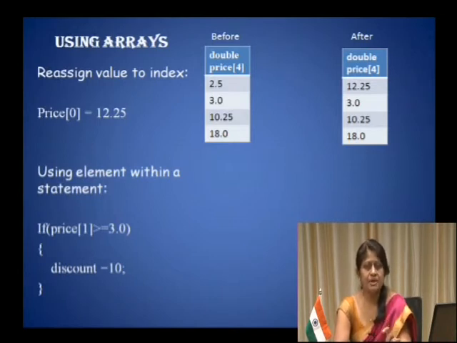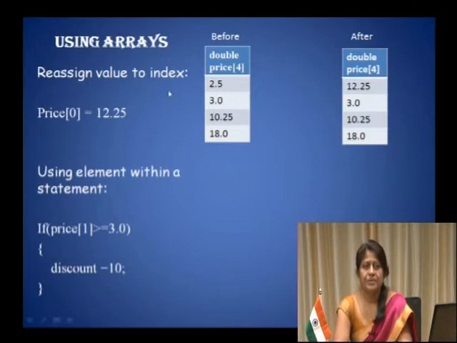Say for example, you have n array elements, you need to access the last one through n minus 1 because you are starting your array always from your 0 index.